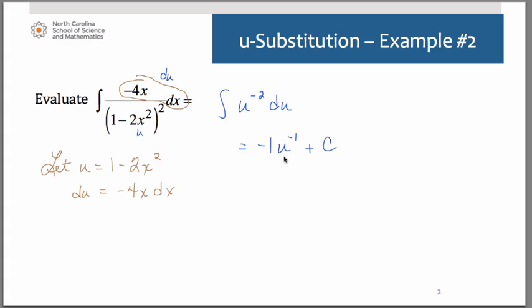We substitute u back into our expression, and you can rewrite this if you want. You could drop that u to the negative 1 to the denominator if you wish, and you end up with negative 1 over 1 minus 2x squared plus c. Again, you could take the derivative of this and you'll notice you get this original integrand back again. I very much encourage you to do that on the first ones of these you're trying. It's a great way to verify that you are doing these correctly.